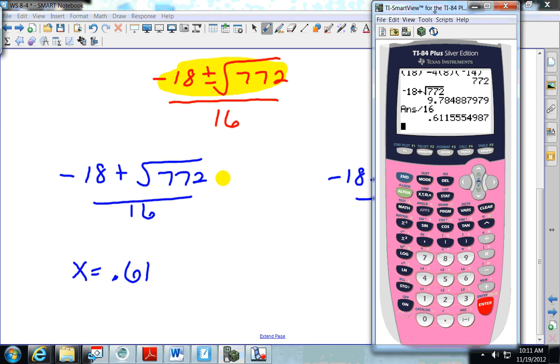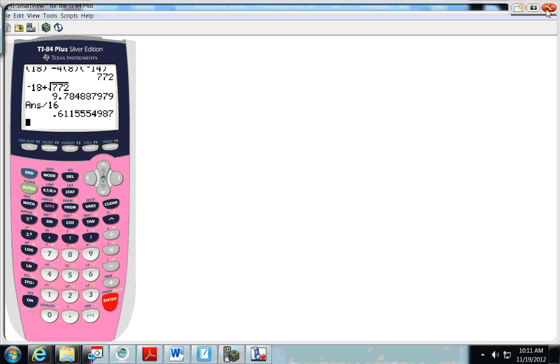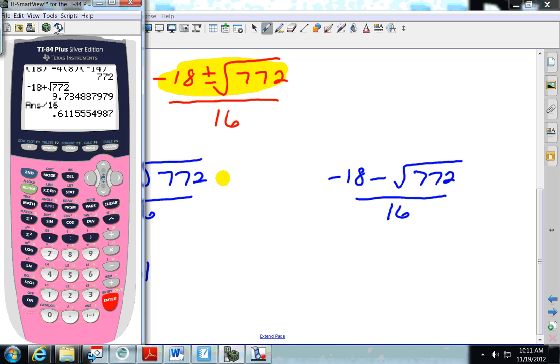The next one, then we take negative 18 minus the square root of 772, press enter, and then divide by 16. We get negative point, it says 799. Oh, I did just put negative 1.